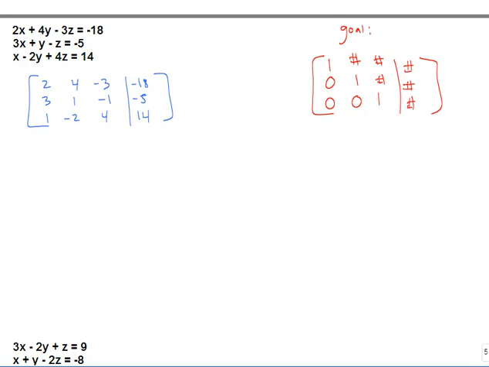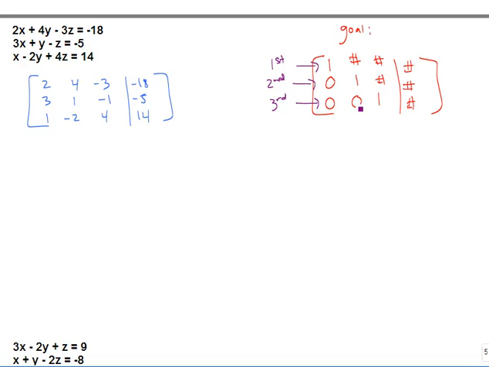In terms of how to proceed, you usually want to get that upper left 1 first, and then you want to get these 2 zeros below it second and third. It doesn't matter which one you get first, but you want to get this whole first column to be 1, 0, 0 first before you start working on the other 2 1s or this 0 down here.